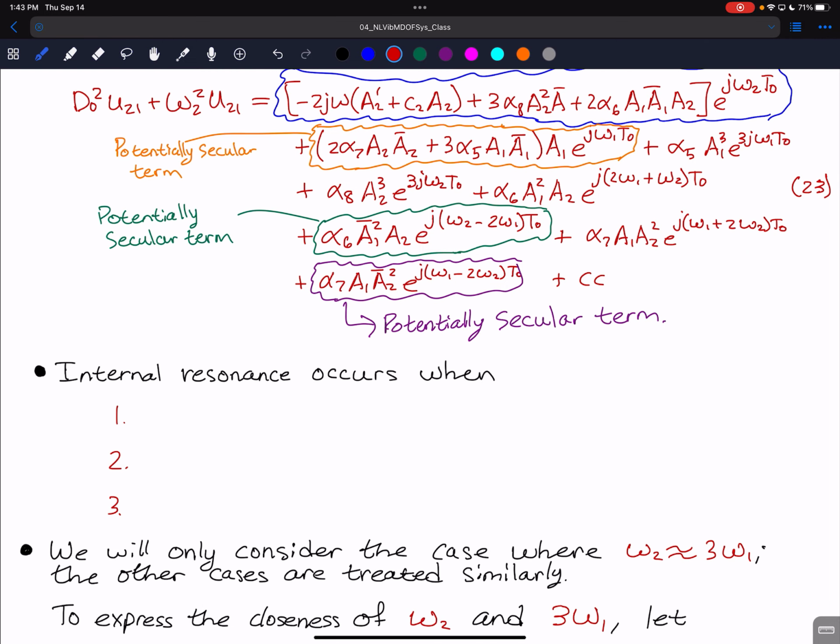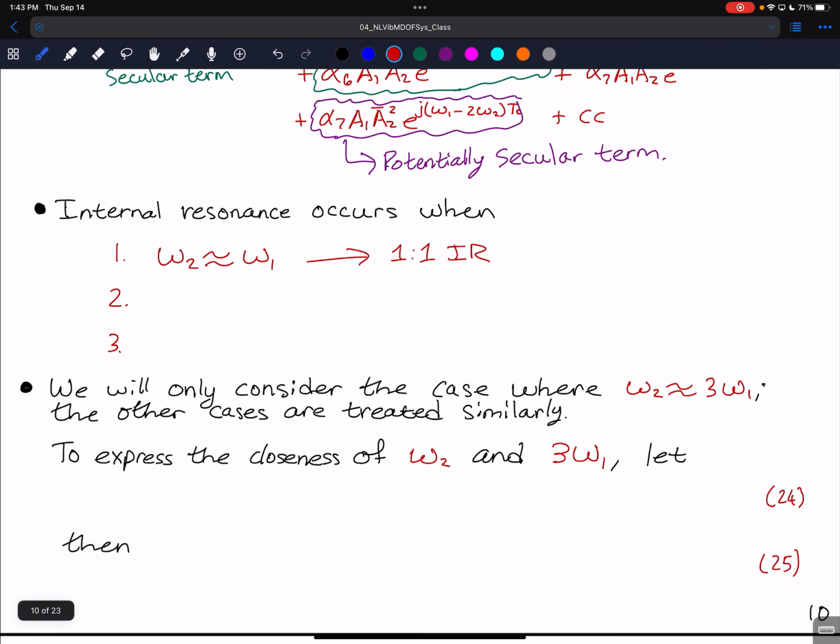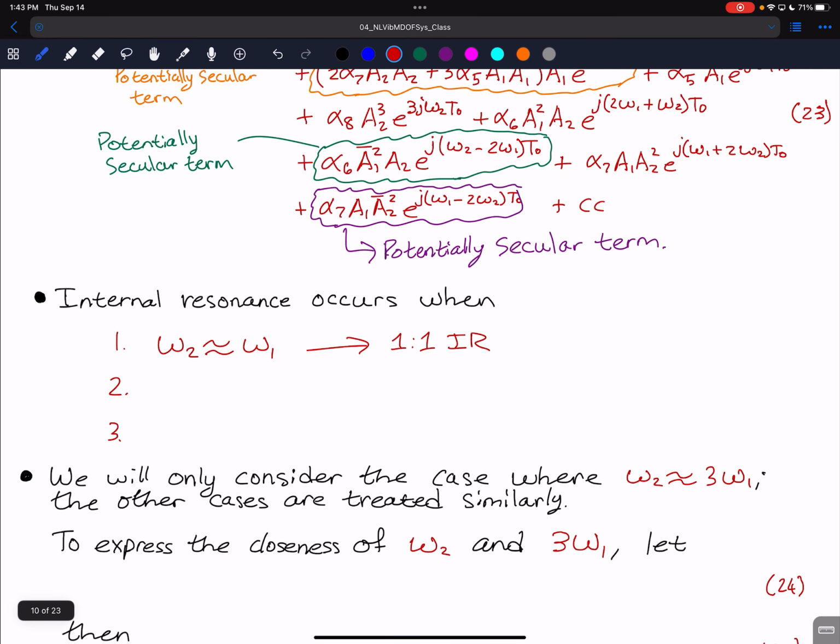All right, we just had this discussion. So first, we can have omega 2 approximately equal to omega 1. This gives us that 1-to-1 internal resonance. We can also have omega 2 approximately equal to 3 omega 1.